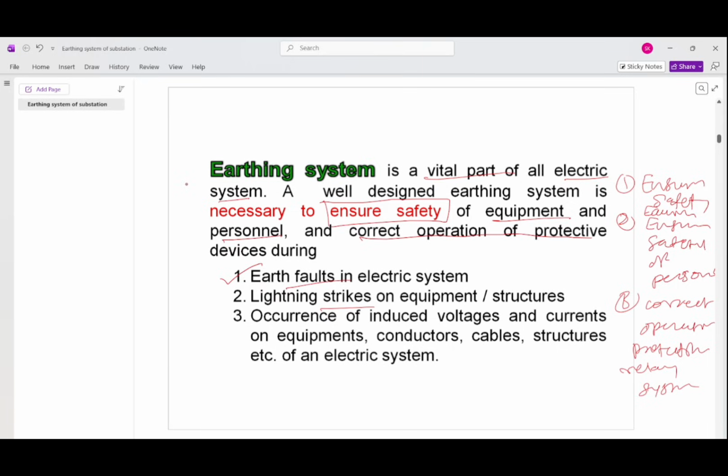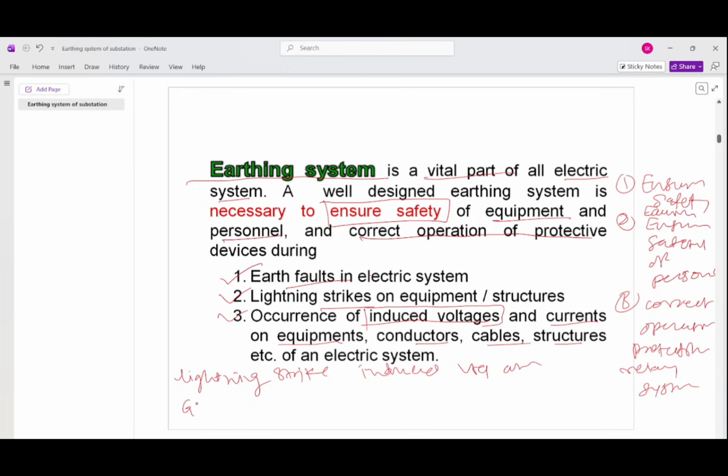The earthing system performs for safety in case of earth fault currents, lightning strikes on electric equipment and structures, and the occurrence of induced voltages and currents on equipment, conductors, cables, and structures. In case of a lightning strike also, induced voltages are there.